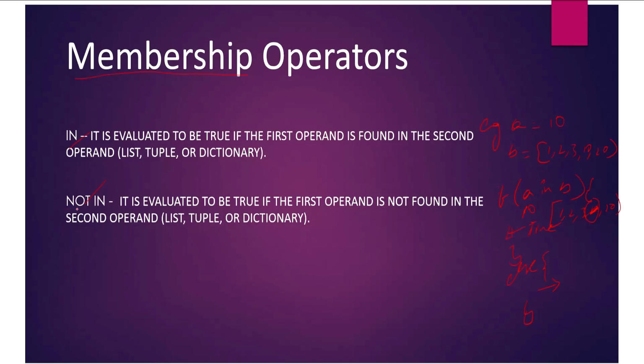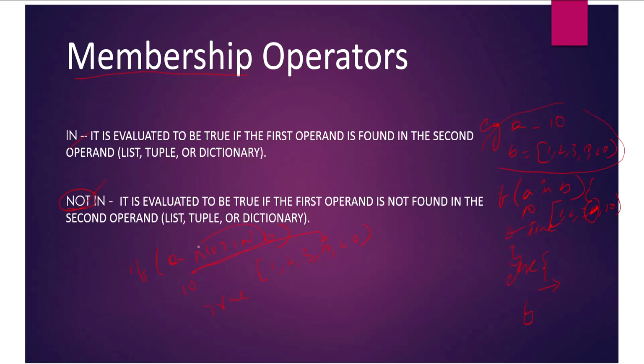Similarly, not in. Let us take the same example. If a not in b, with 1, 2, 3, 10, 20, we already have 10 here, so it's supposed to be true.